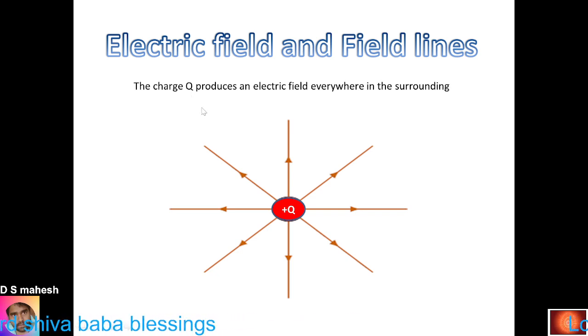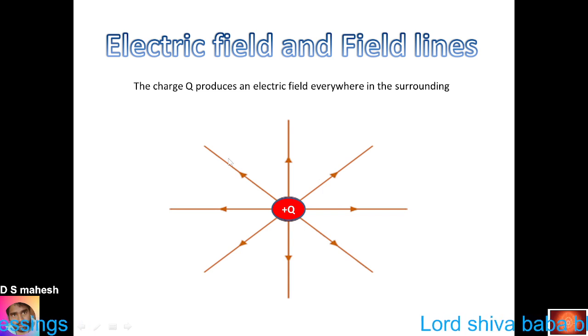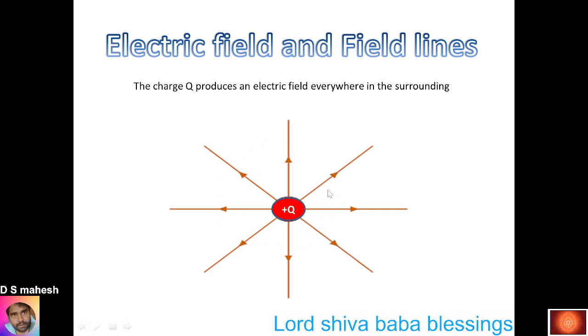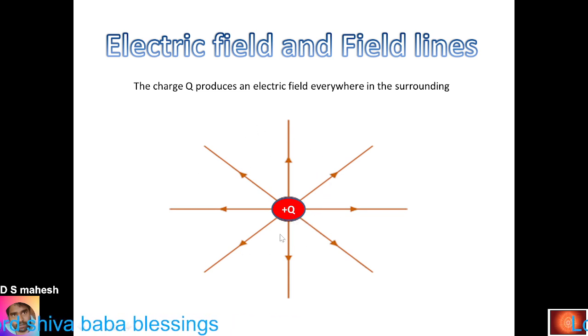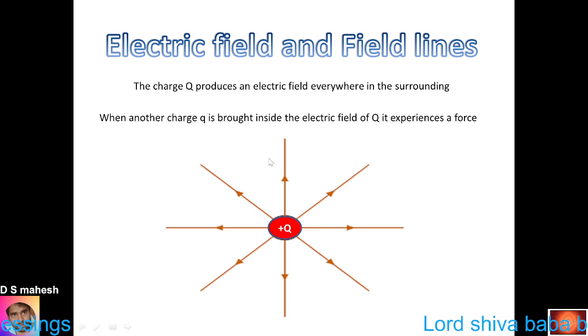A single charge, capital Q, we are considering here produces something called an electric field everywhere in the surrounding of it. So now you came to know that a single charge produces an electric field around it.